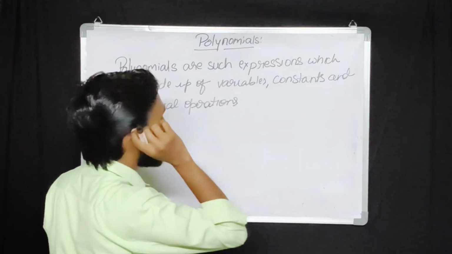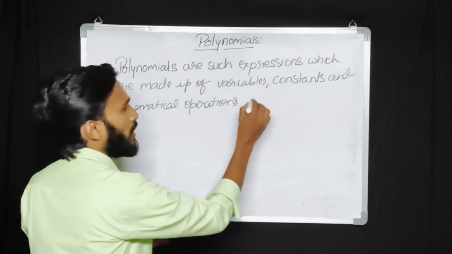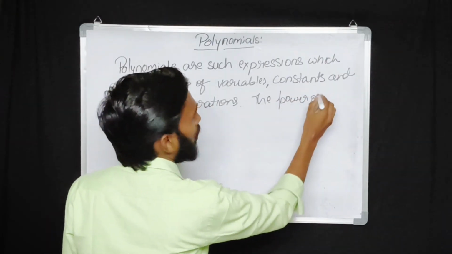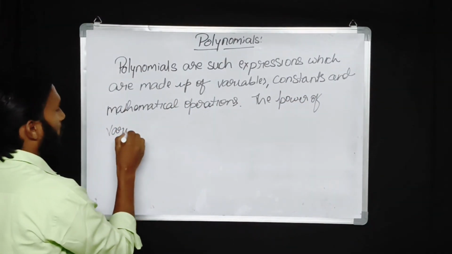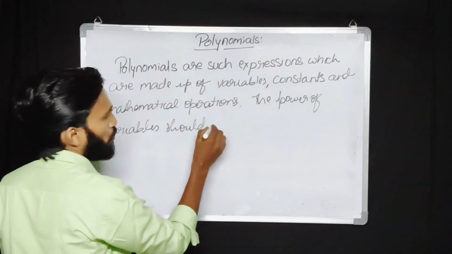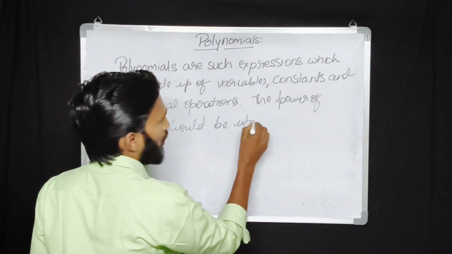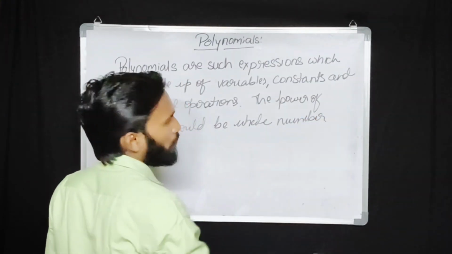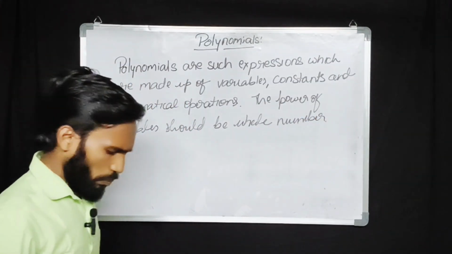And here is the main point: the power of the variables should be a whole number. So this is a polynomial.